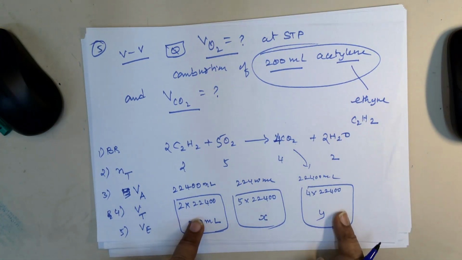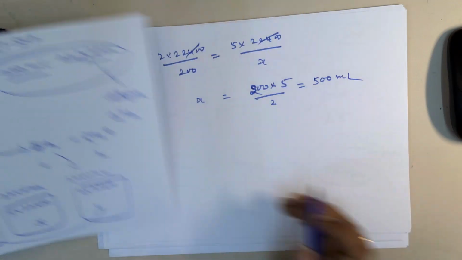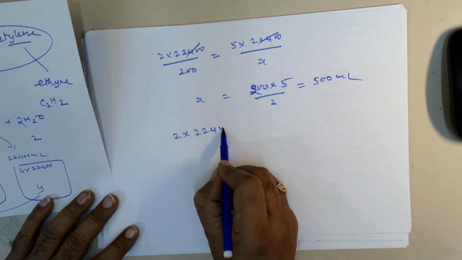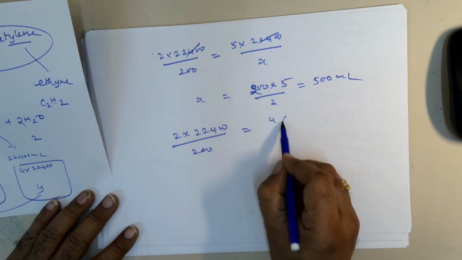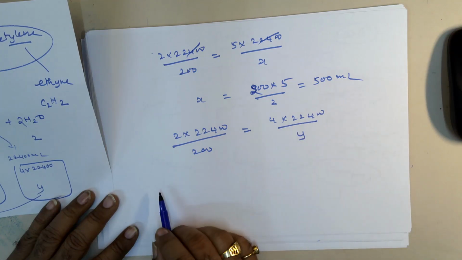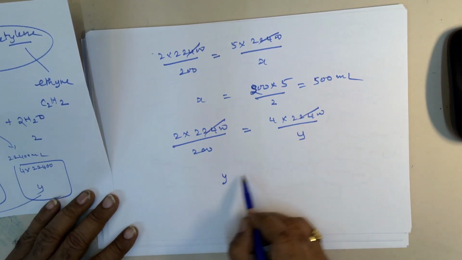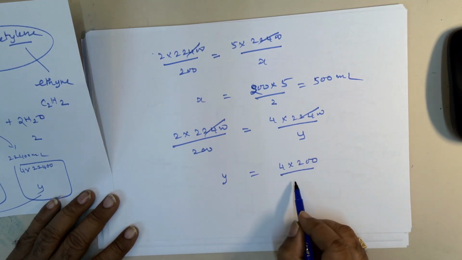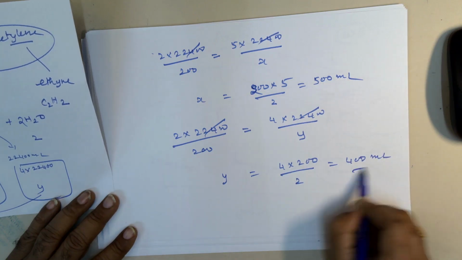You can equate these two. 2 into 22,400 divided by 200 is equal to 4 into 22,400 divided by y. Okay, so cancel it. Now y is equal to 4 into 200 divided by 2, so it means 400 ml.